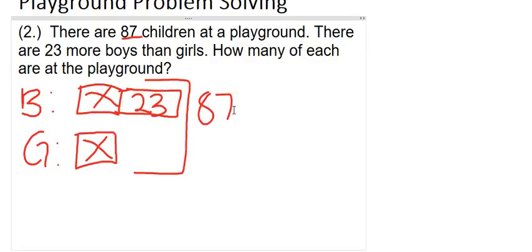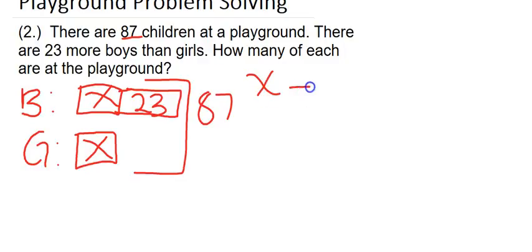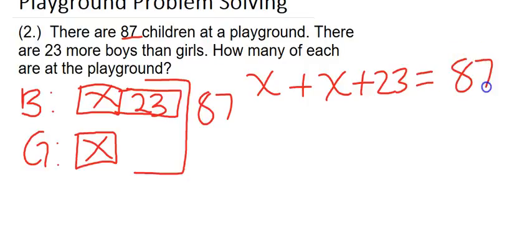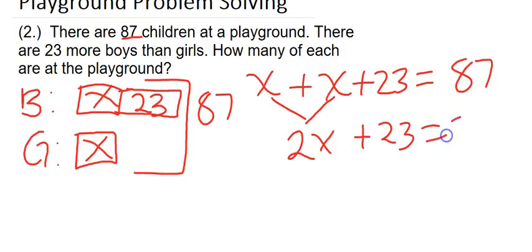Look at that, ta-da, easy to write an equation like that. So we have X plus X plus 23 equals 87. And then that's the equation. So 1x plus 1x is 2x. So 2x plus 23 equals 87.